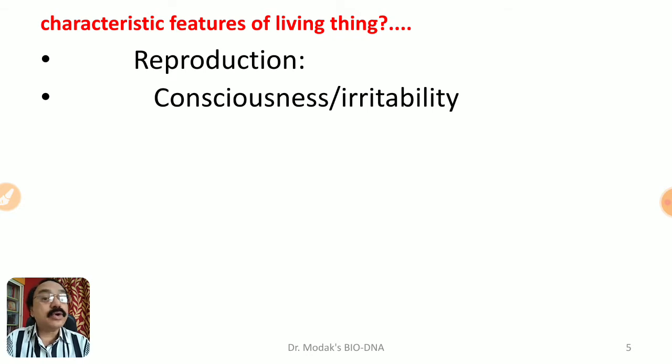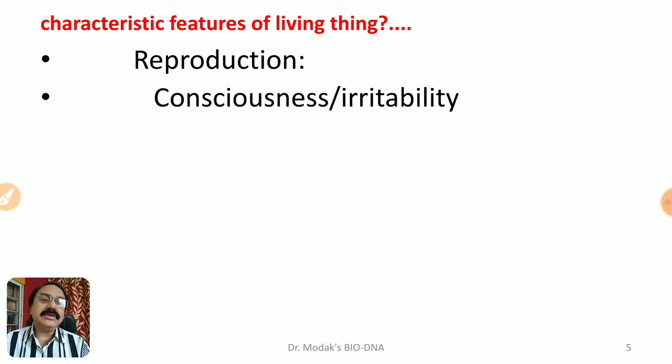Yeah, then another is consciousness. We also call it irritability. Yes, it is the ability of every living organism to respond to external physical environmental factors, which we call stimulus. उसको हम कहते हैं stimulus. Many aquatic animals move away during the very intense sunlight during the noon hours, because they cannot tolerate that much heat.